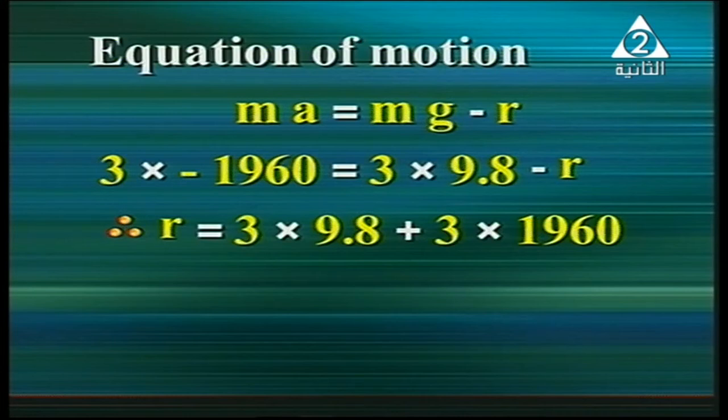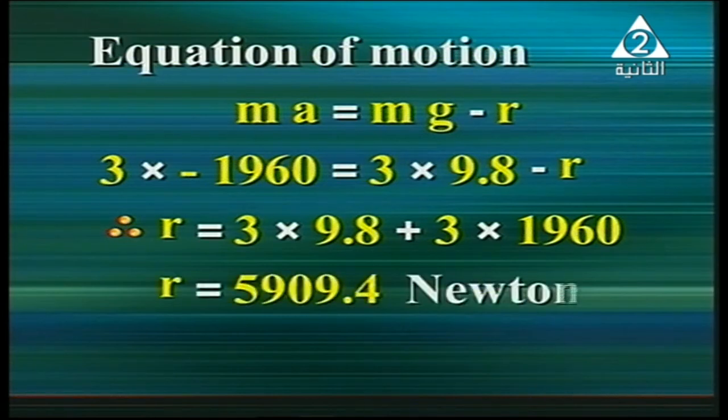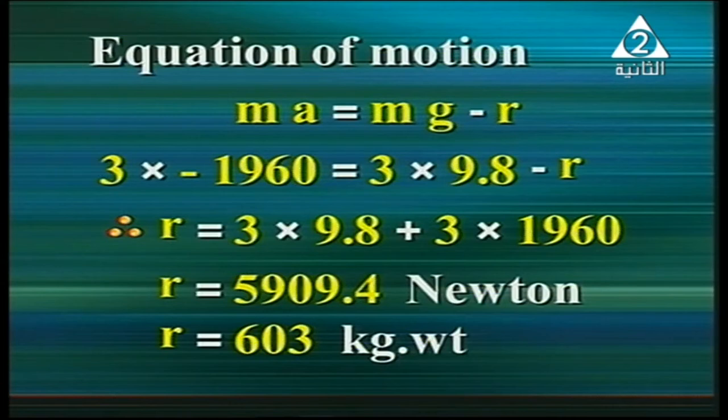In this case, r equals 3 times 9.8 plus 3 times 1960. Resistance is 5909.4 Newton. This is the resistance of the sand.